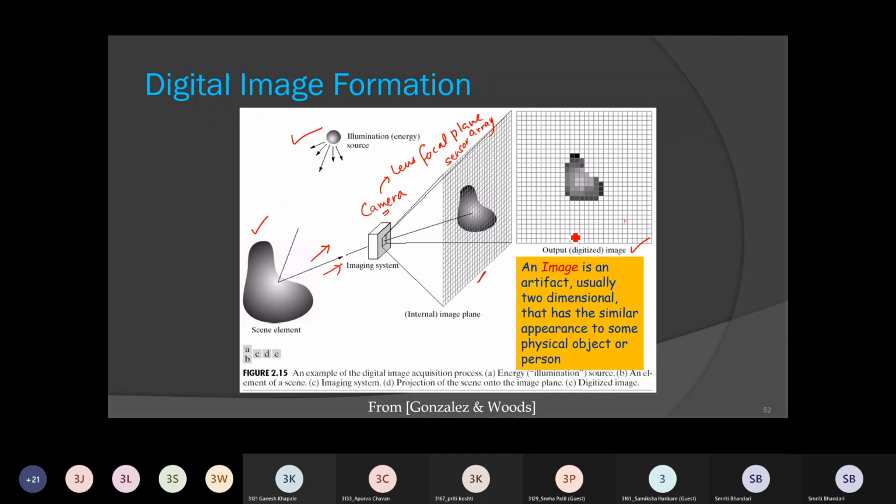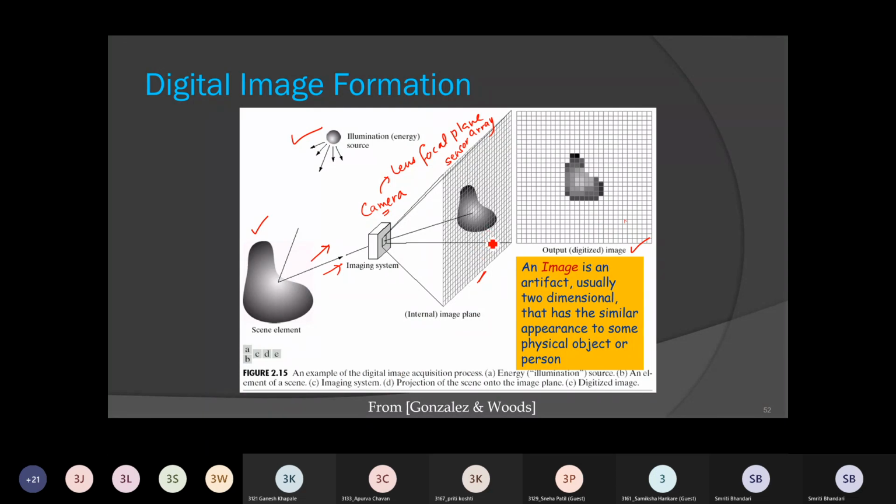So what do we mean by this digital image? This digital image is generated after digitizing the image at the image plane.